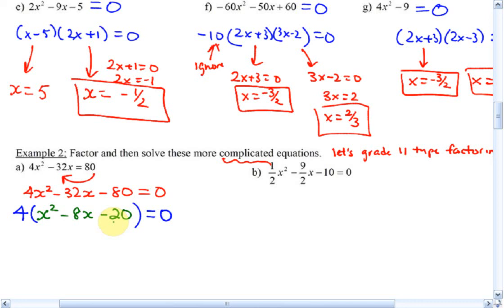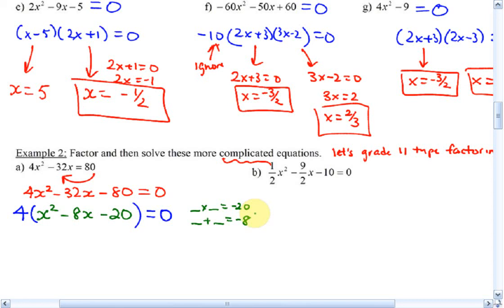And now my suggestion to you is let's see if you can factor the stuff in green here. Because the coefficient in front of the x squared term is a 1, we just use the regular method of factoring. So two numbers that multiply to negative 20, and those same two numbers add to negative 8. Multiply to the constant term, which is negative 20.